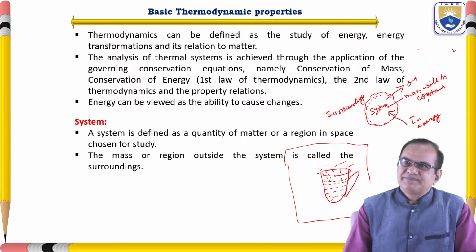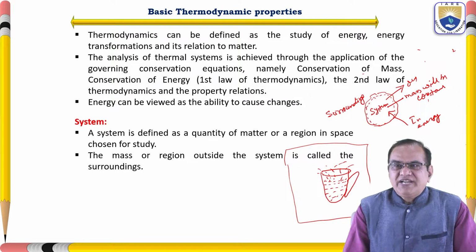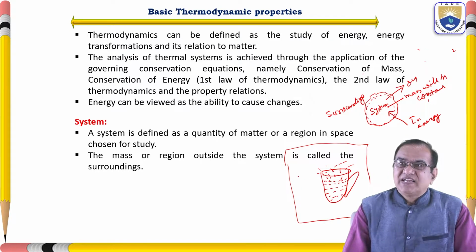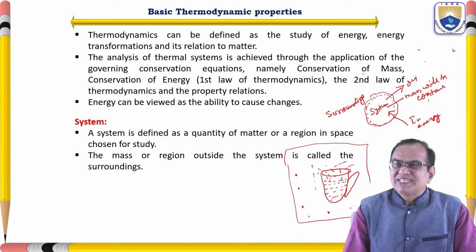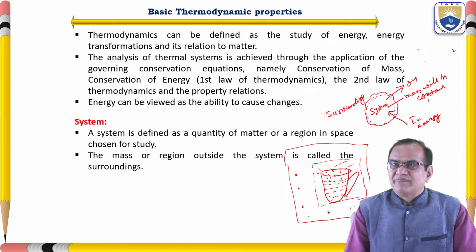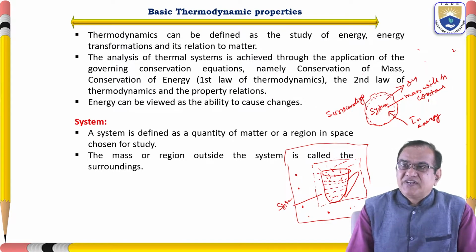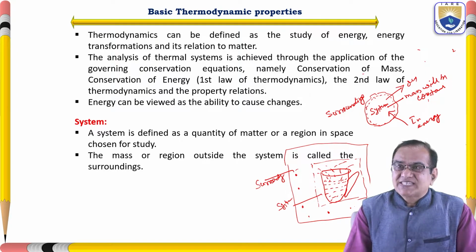The hotness and coldness of this cup will not be felt at other places outside. I will put some distance outside of this cup. This is your system, and this is called the surrounding. Your room is the surrounding, and this dotted line I have drawn is called the boundary.